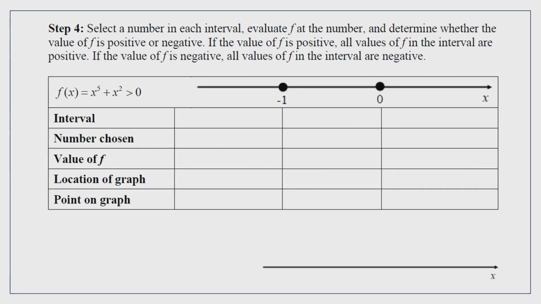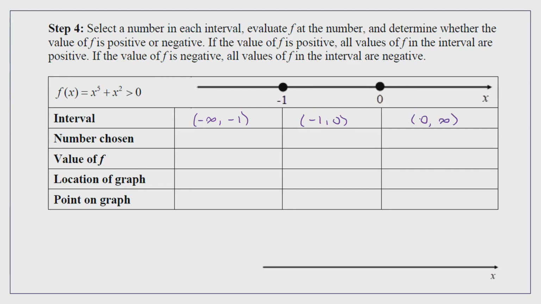So we can now select a number in each of those intervals, evaluate f at that number, and determine whether the value of f is positive or negative. If the value of f is positive, then all values of f in the interval are positive. If the value of f is negative, all values of f in the interval are negative. So our first interval is from negative infinity to negative 1, then negative 1 to 0, and then 0 to infinity.